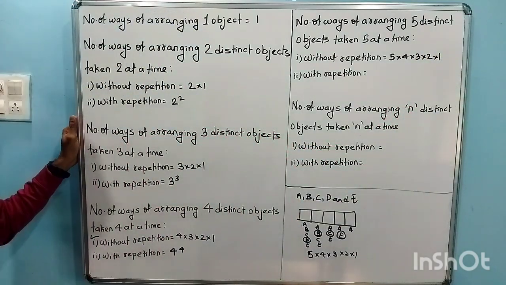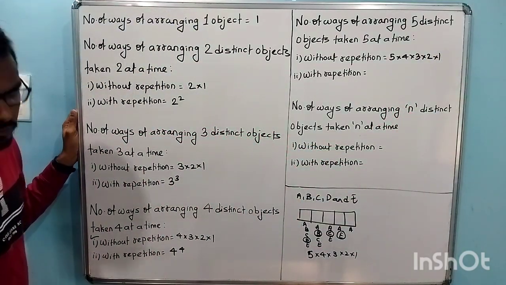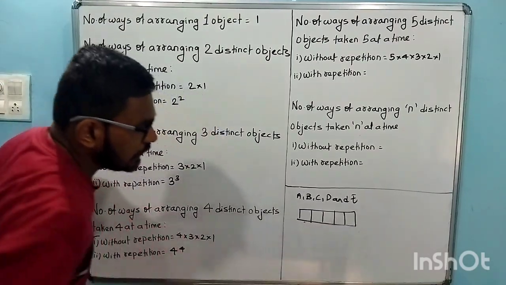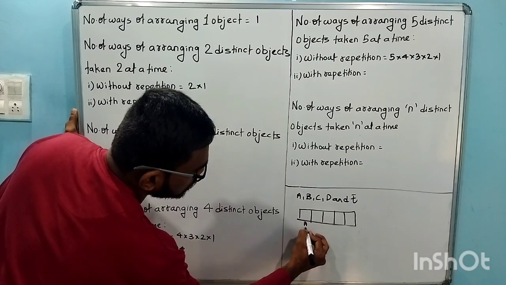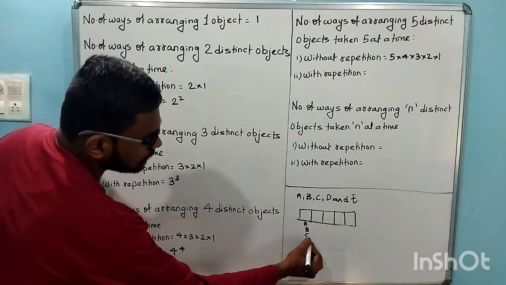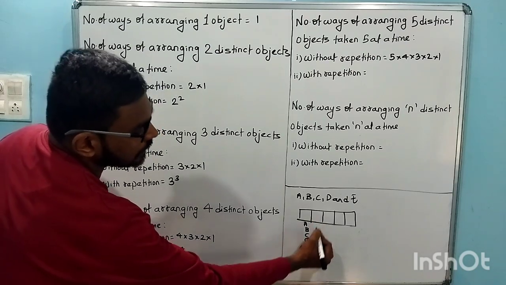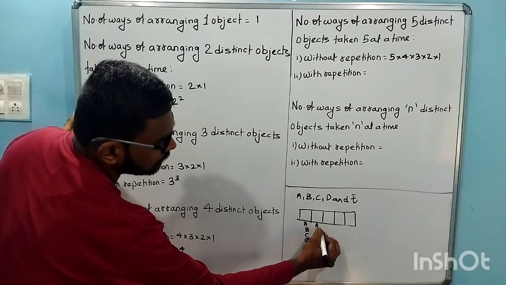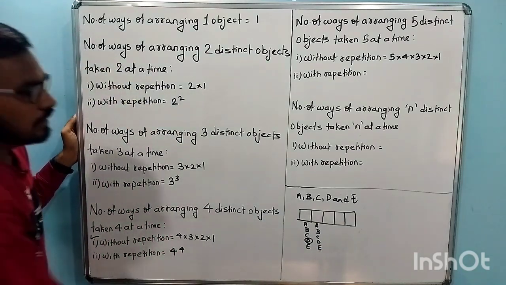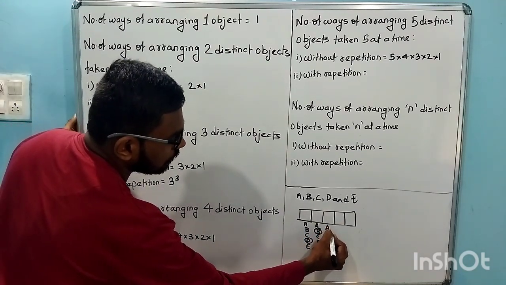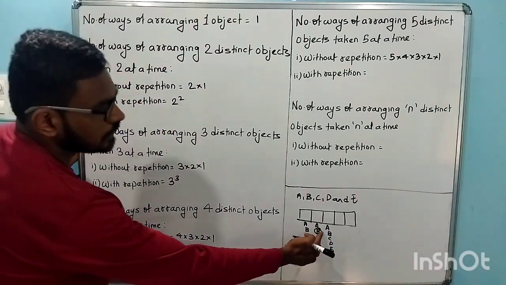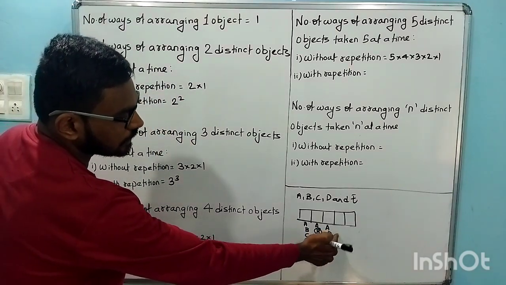And with repetition, as we saw in the previous problem also, if we select any one of A, B, C, D and E, we can select that for the next place, or we can select the remaining 4. So any one of 5 we can select for the second place as well. Again any one of 5 we can select for the third place as well, because if I select this, we can select that for the third place as well.